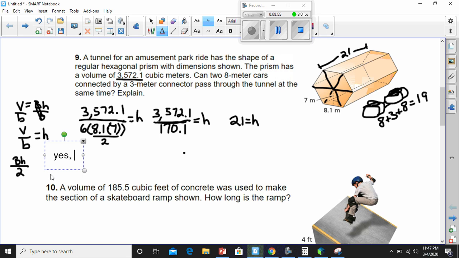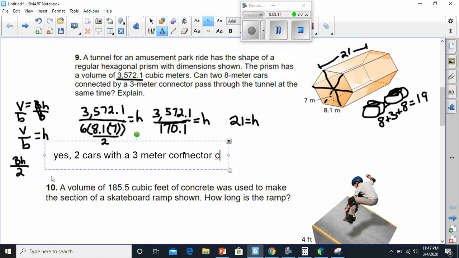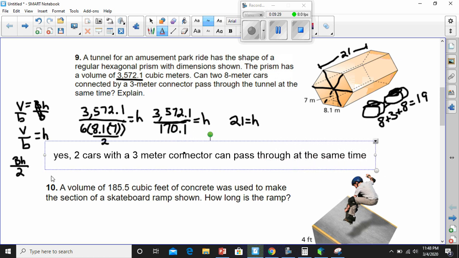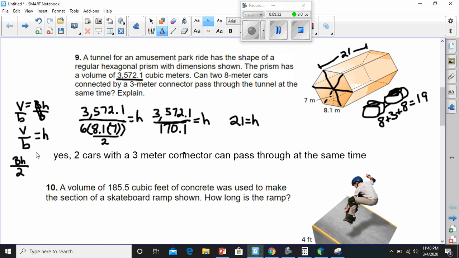Yes, 2 cars with a 3-meter connector can pass through at the same time. All right, and that's what the question asks. So let's go ahead and move on.